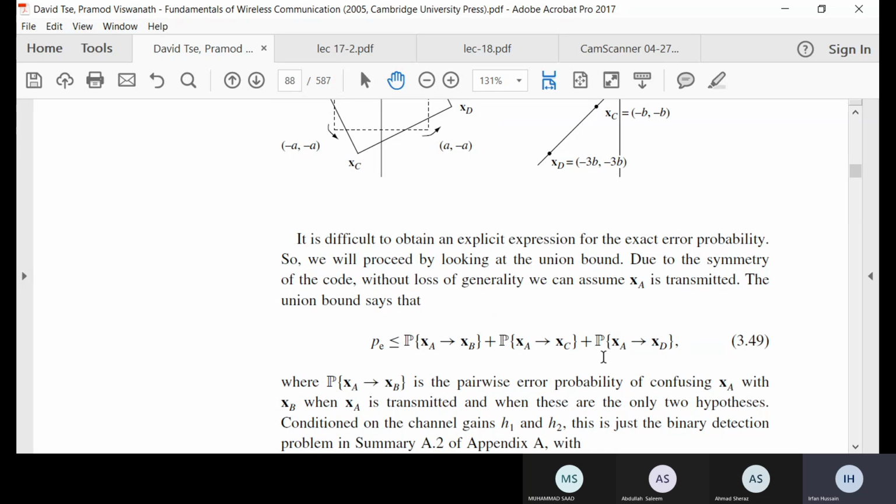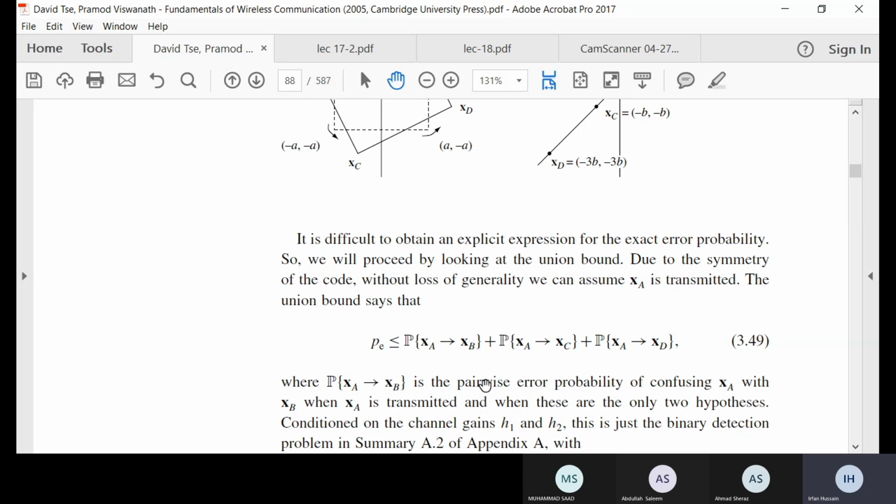So when it is difficult to obtain the error probability functions, we use the famous union bound. And what is a union bound? Union bound says that if you want to find the error probability for multiple signals, as you know, here we have XA, XB, XC, XD. You just assume that only 2 symbols or 2 vectors could be sent.